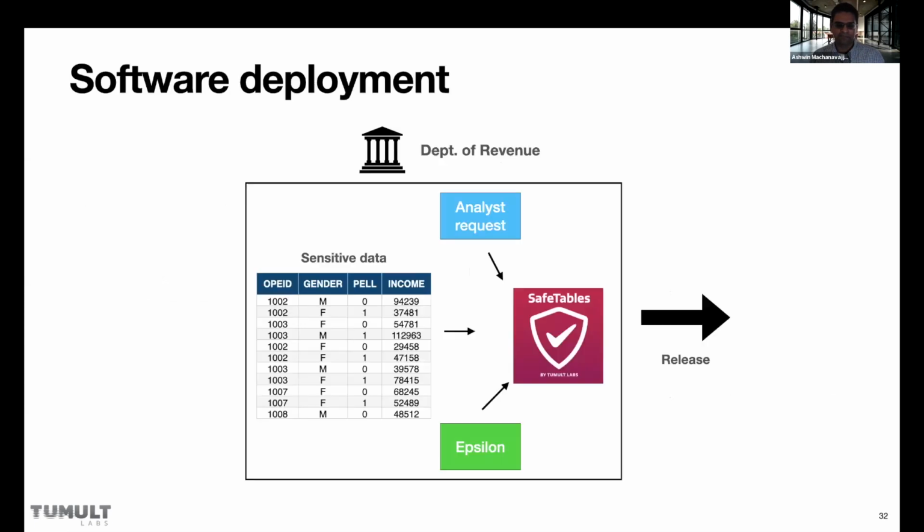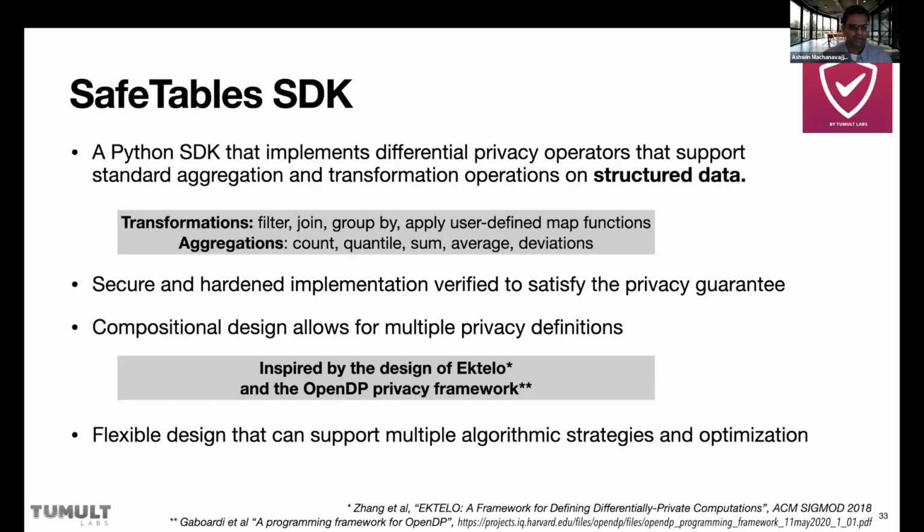Right? And so we've developed a privacy platform called Safe Tables, and we use Safe Tables to look at this request and an epsilon and generate a release. I'll just say one slide about Safe Tables. It's a Python software development kit that implements differential privacy operators. It supports standard aggregation and transformation operations on structured data.